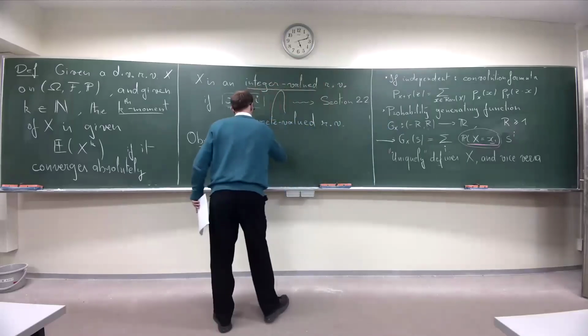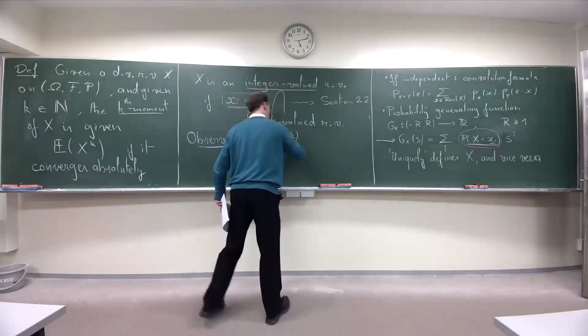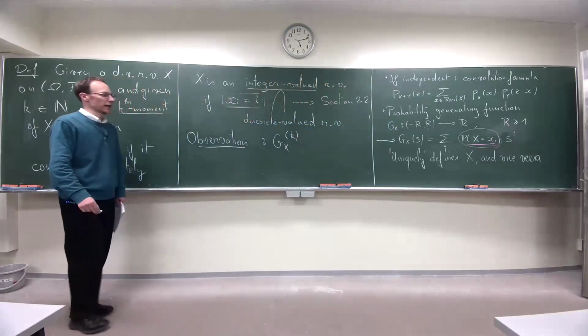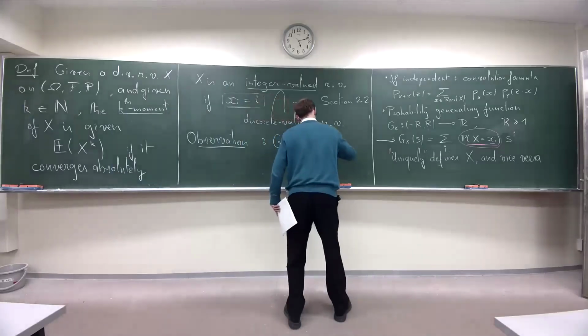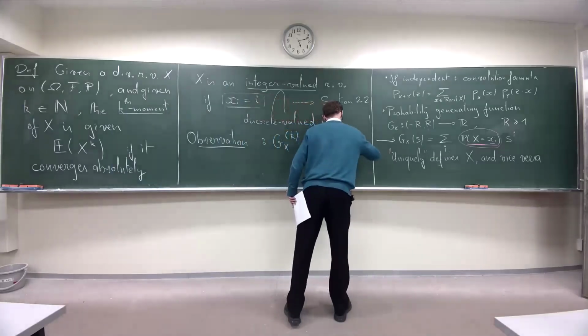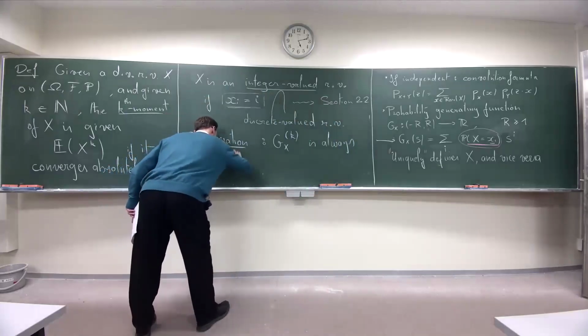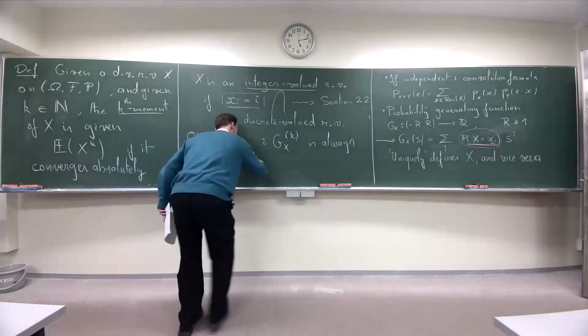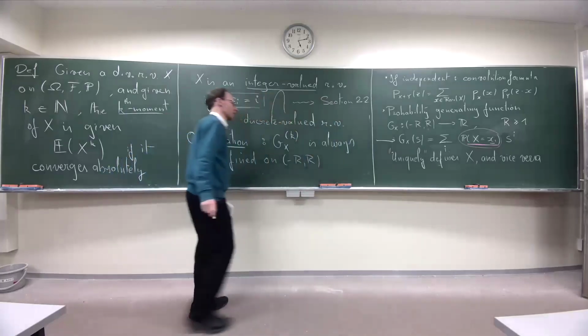So G_X^(k), this notation is the k-th derivative of this function, is always well defined on this interval minus R, R, so on the radius of convergence.